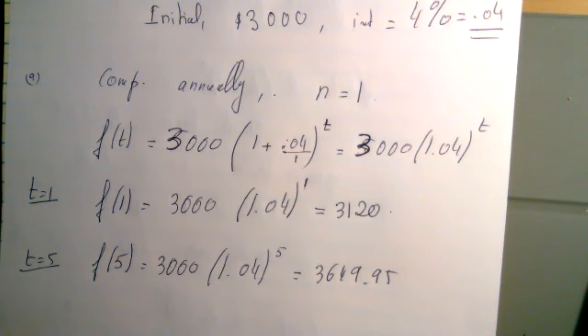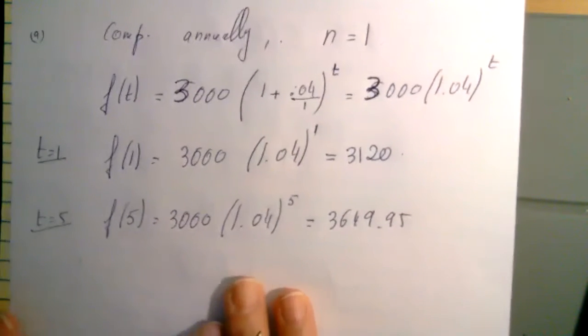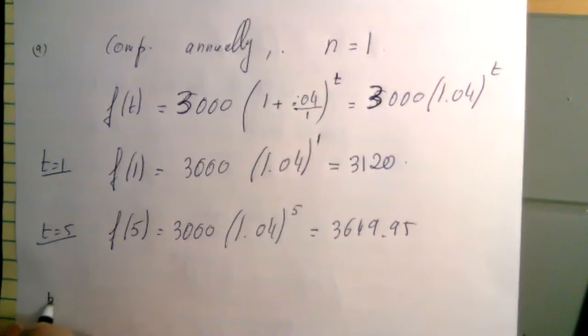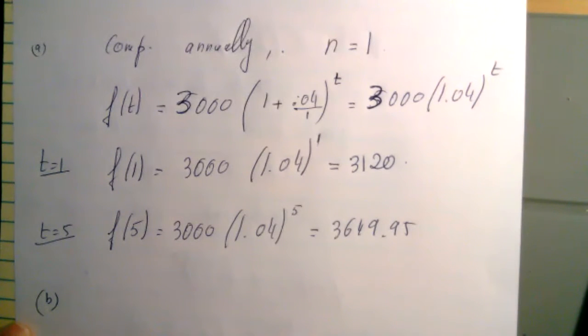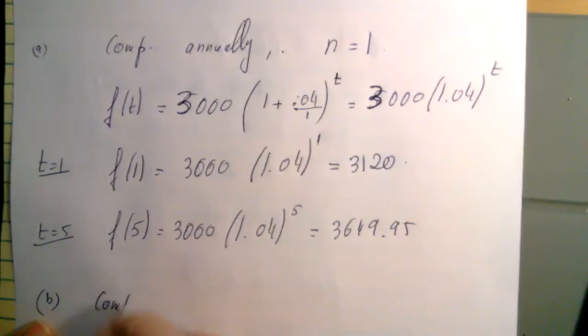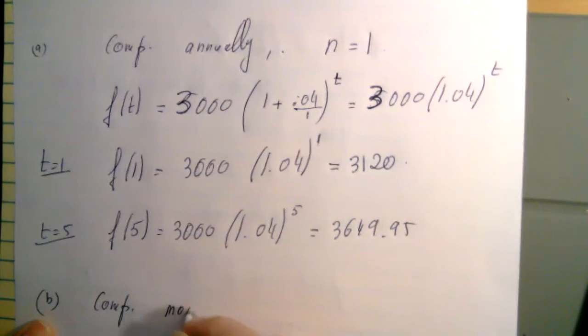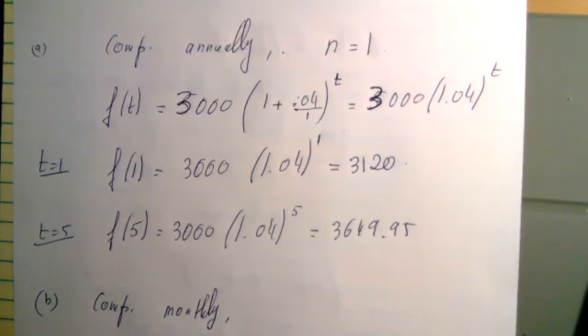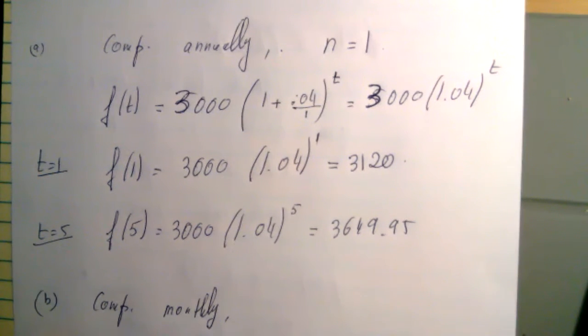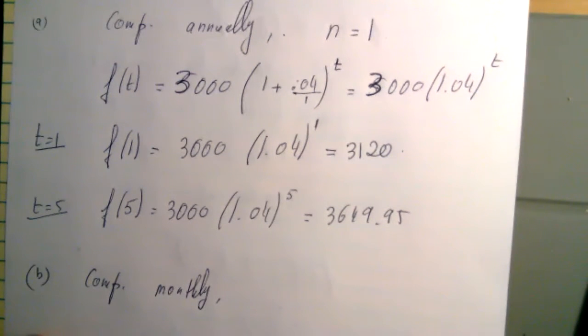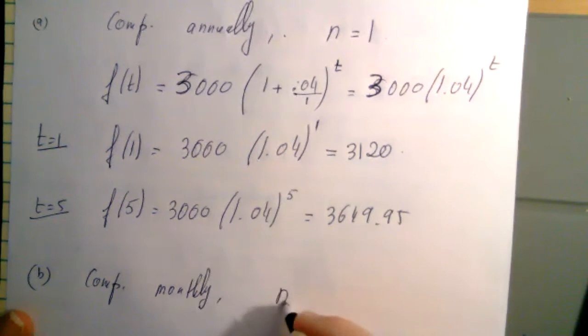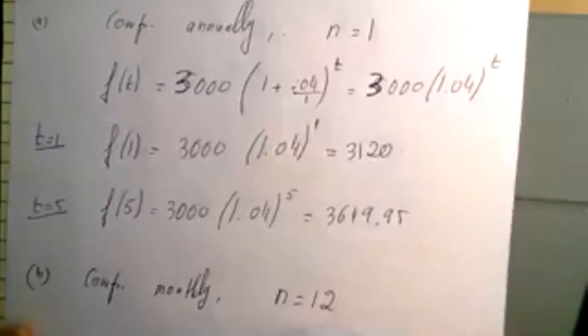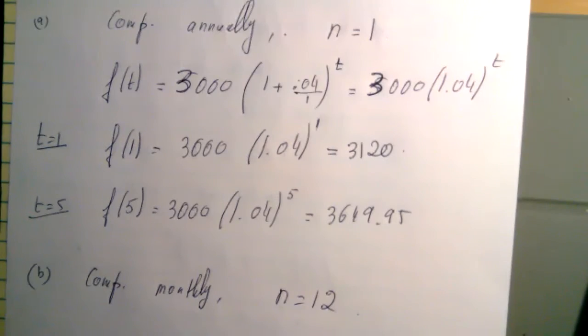Now B. We're going to again try to do B. Compounded monthly. What does it mean, compounded monthly? It means how many times a year they pay you interest: 12. Every month, it means N equals 12.